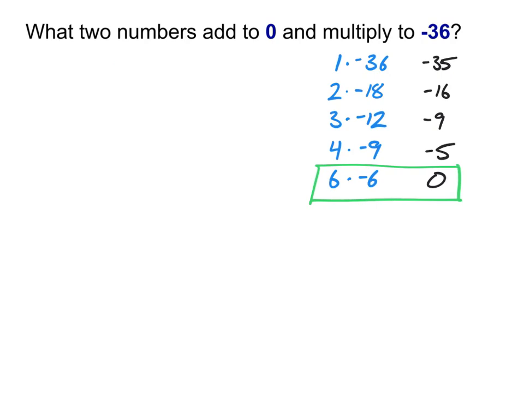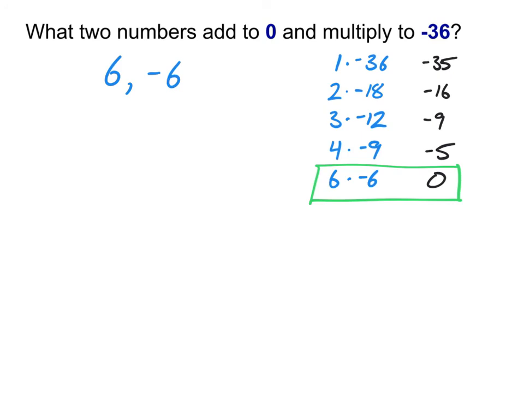But I want you to notice something very specific about this particular solution. In order to add to 0, notice both numbers were the same except for their sign. The only way to add two numbers and get 0 is if they are opposites of each other.